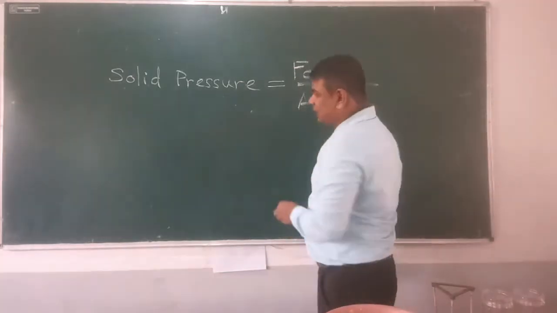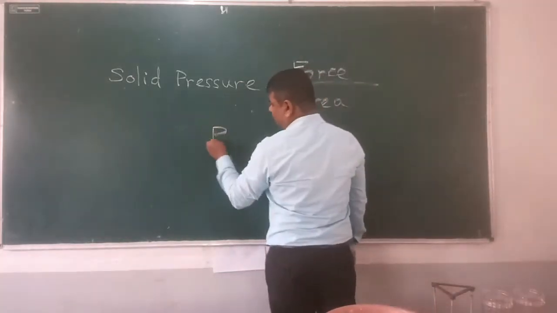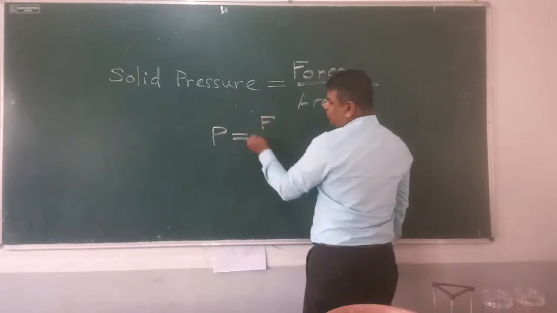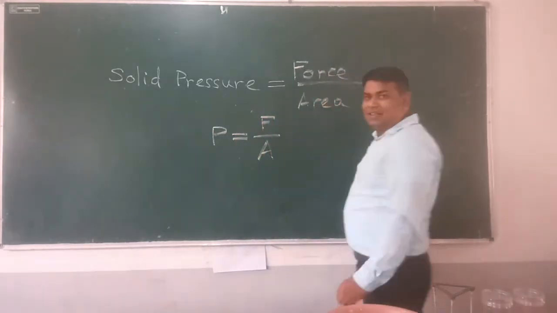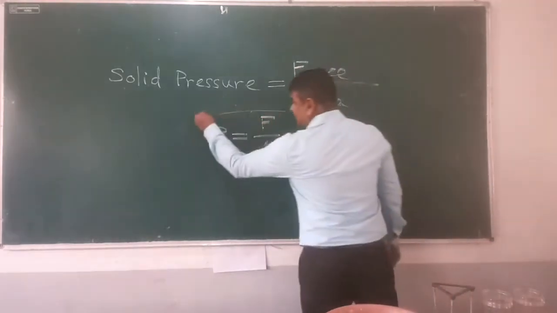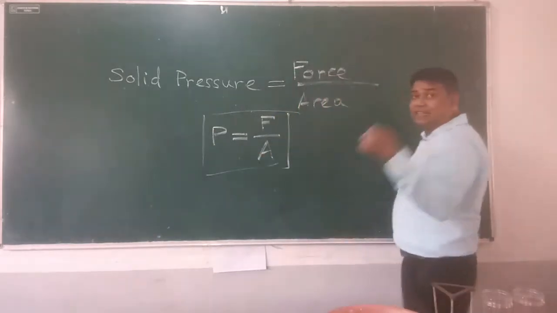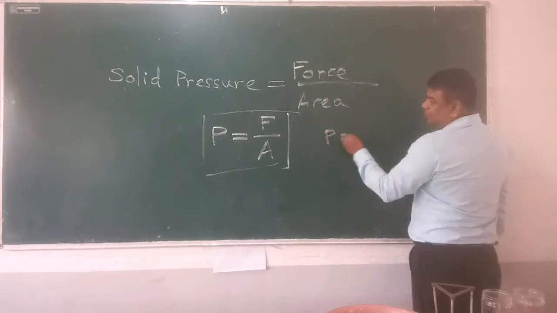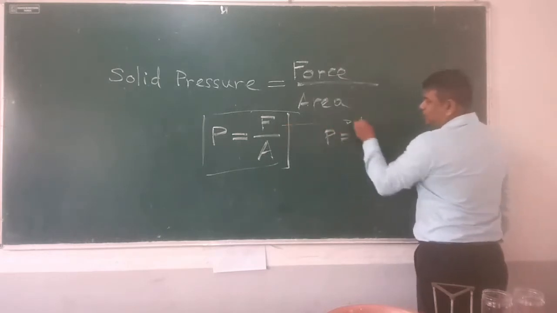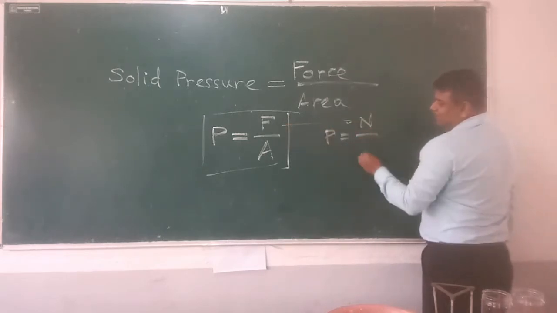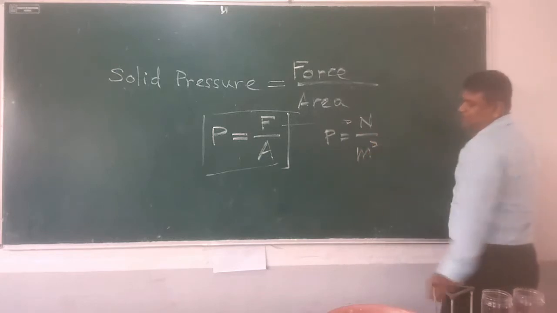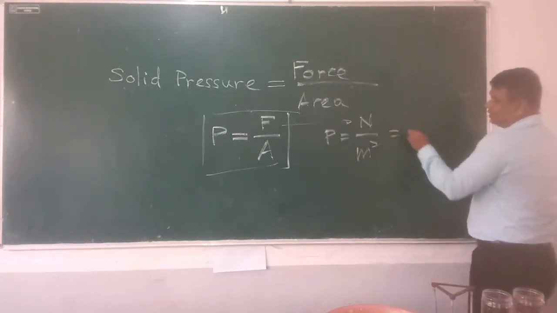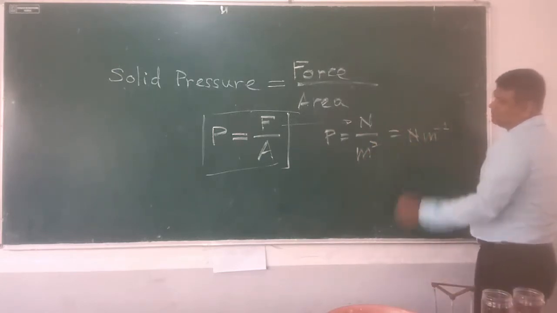With symbols we write it like this: P for pressure, F for force, A for area. And as we did just before, the unit of pressure is force in newtons divided by area in square meters, therefore newtons per square meter.